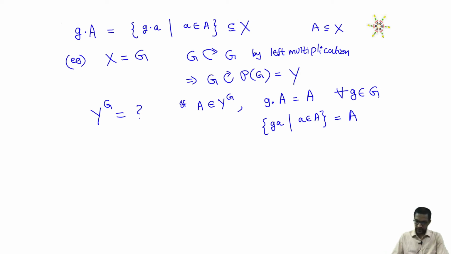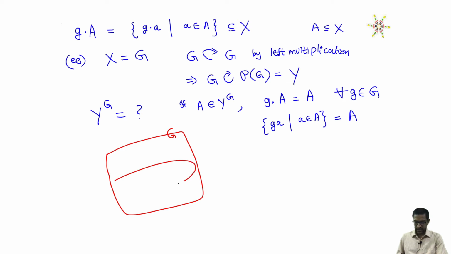Maybe it's easiest to just draw a figure here. Let me imagine this is my group G, and I have a certain subset A of the group. So here's my subset A. Now what I'm saying is that if I take these elements of A and multiply all of them by a single group element g, no matter which one, the answer is again the same dots.